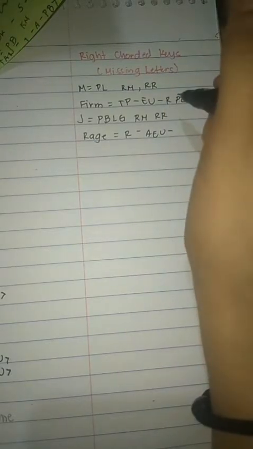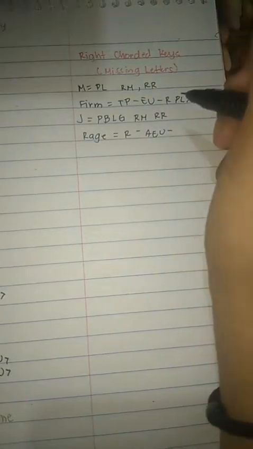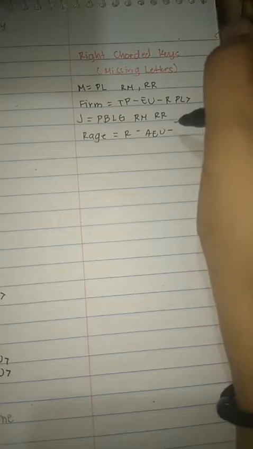Rage is equal to R, A is equal to as long A, AEU, and J, so mababasa natin siya na parang rage. So, R-A-J. So, ang J is equal to PB, LG. Then, release.